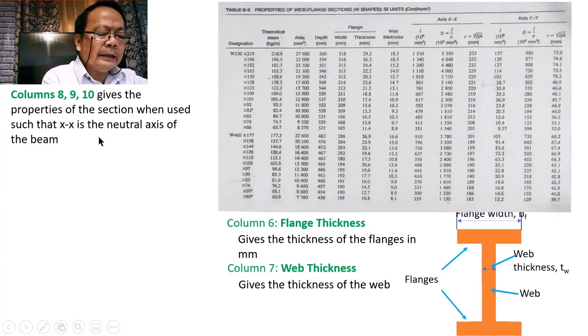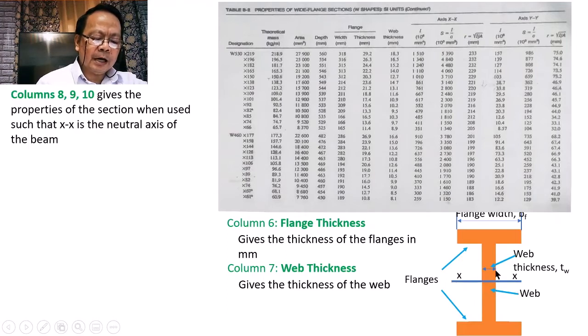Kung titingnan natin yung ating section, meron tayo kasing illustration somewhere here sa itaas nito, na kung saan ipapakita kung alin ba yung x-x axis. Ang x-x axis na tinutukoy dito, itong axis na matatagpuan natin dito, yan. Ibig sabihin ito, kapag ang orientation ng ating section is in the form of this one, na kung saan itong x-x axis natin ang nagsisilbing neutral axis. Sa makatuwid, ang property ng section na gagamitin natin is the column 8, column 9, and column 10.